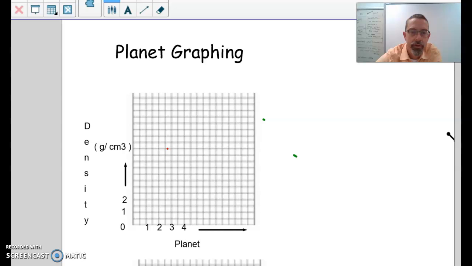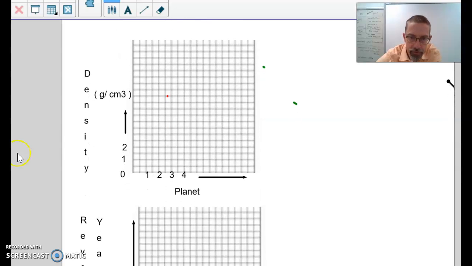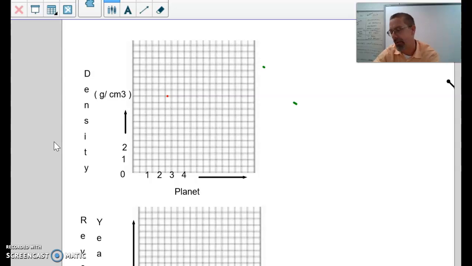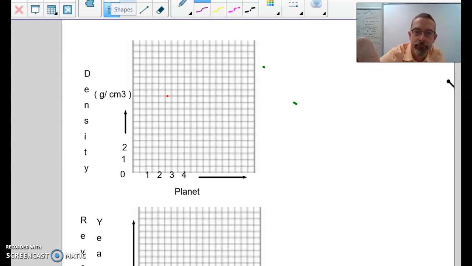So when you did these planet graphs, you first plotted the density of these planets. In doing so, you found something interesting, a pattern emerged: the inner planets had densities like this, and then the outer planets, the outer four, I should say, ended up being in this ballpark here.